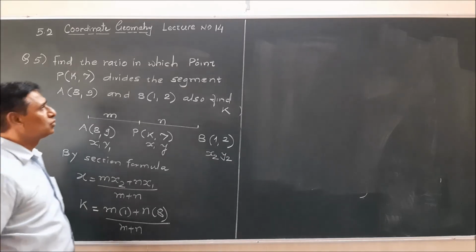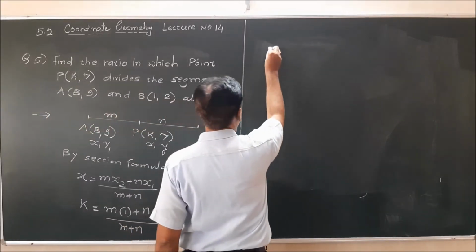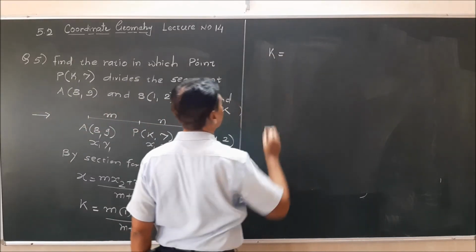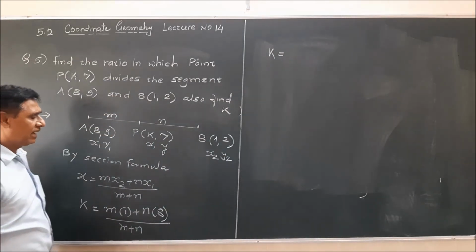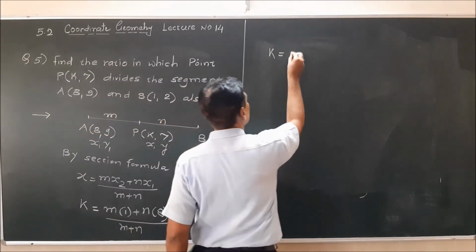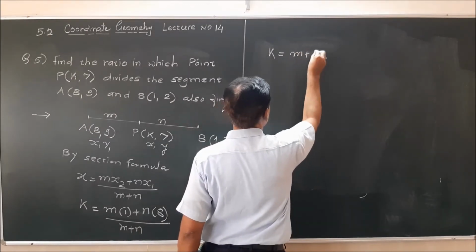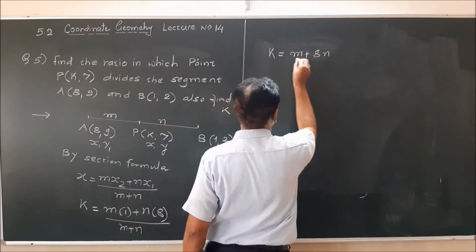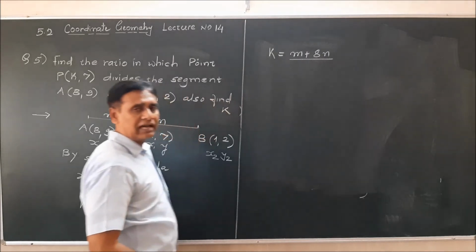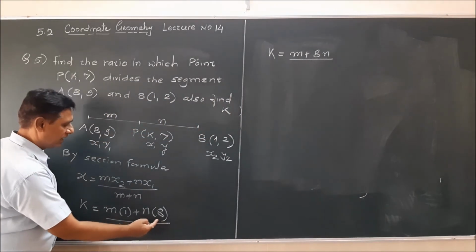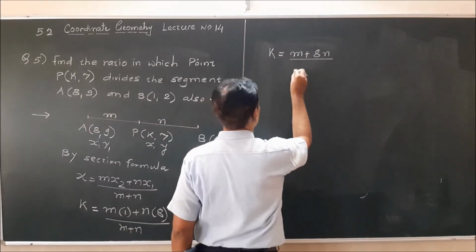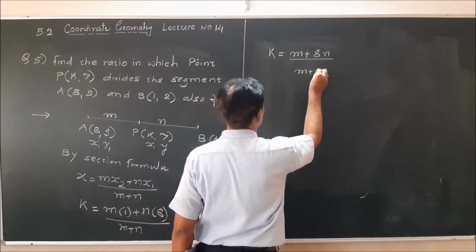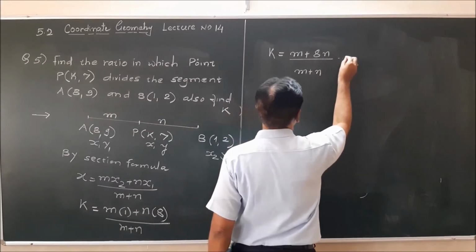So k is equal to m plus 8n upon m plus n. Call it as 1.